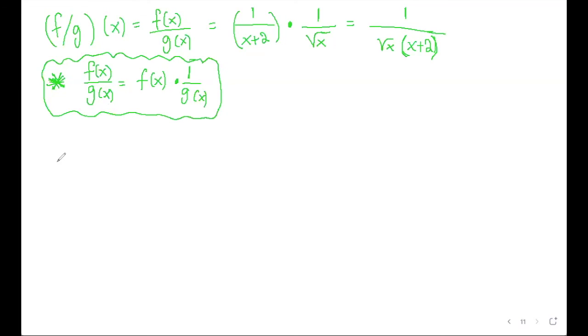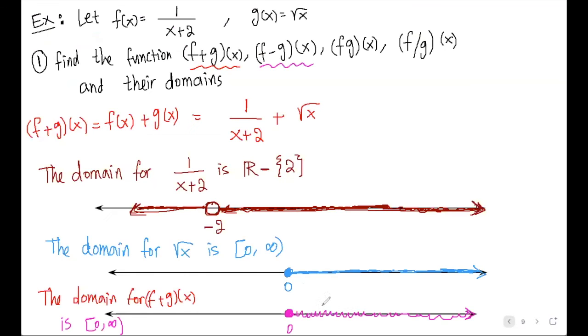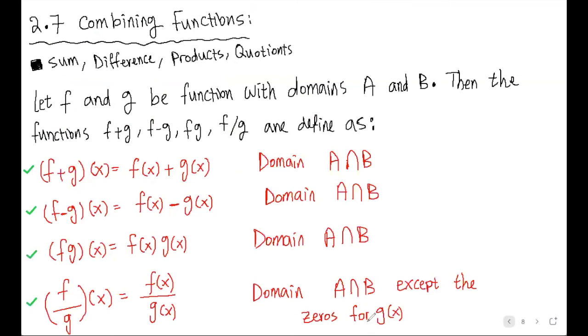Now, what's the domain? It's the same, but we have to remove the zeros for the function g of x. It is the intersection between both domains, but we have to remove the zeros for the second function g of x.